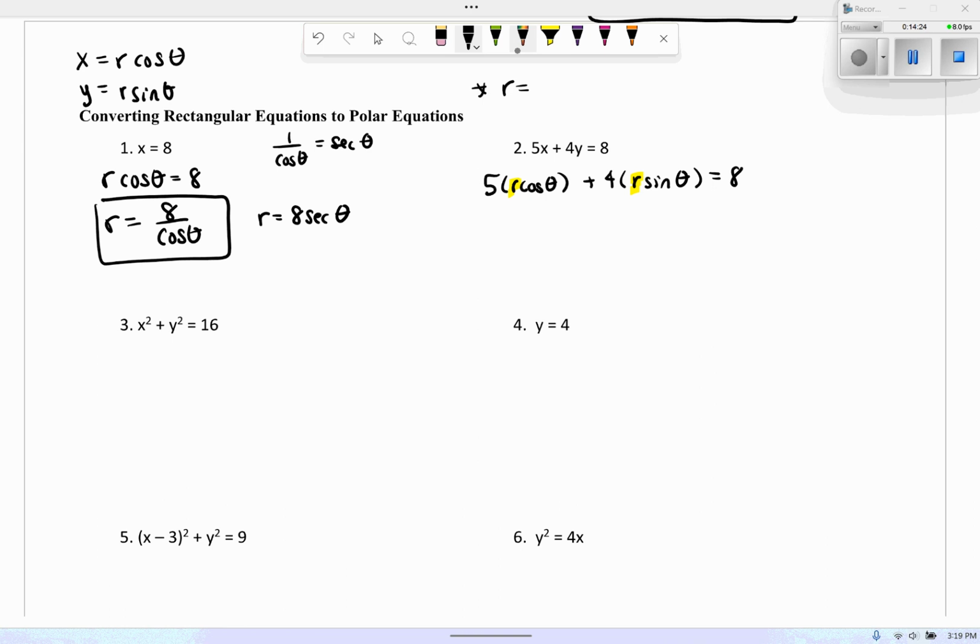So you're going to need to factor that out and put it on the outside. So this becomes r times 5 cosine theta plus 4 sine theta equals 8. And then again, the next step is to solve for r. So r equals 8, and this is all being multiplied, so we're going to divide that. So r equals 8 over 5 cosine theta plus 4 sine theta.